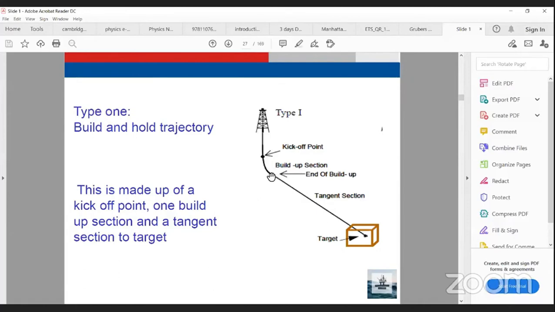Then I want to hold the angle at 40 or 45 according to the plan until I reach the target. This is called the tangent section. So type 1 is made up of kickoff point, build up section, and tangent section. This is type 1.